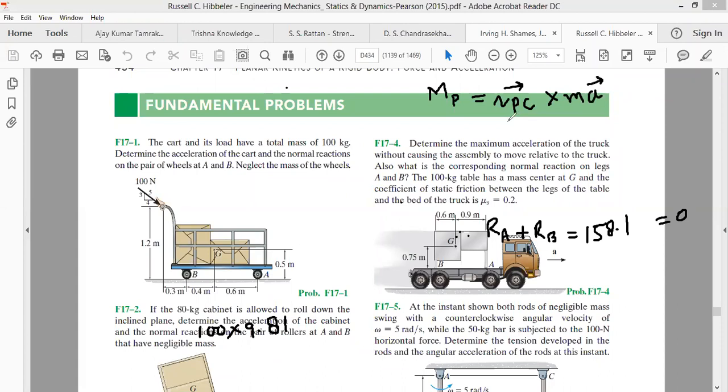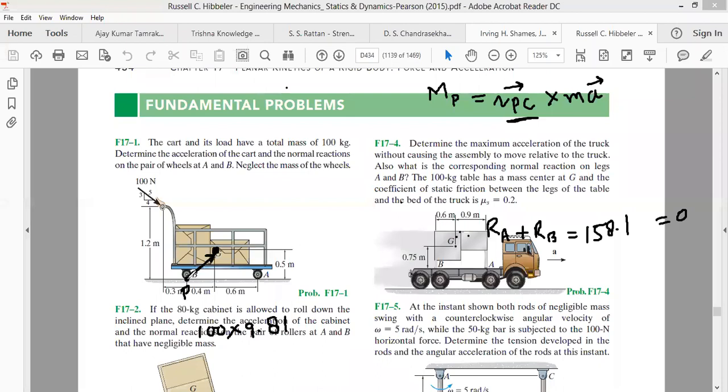If you look at this RPC, this is the point P. If you have to calculate all the moments about point P, then PC will be the vector drawn from this point to the center of gravity, which is given to us here as G. But if we don't take the moments about point P, and instead take the moments about the center of gravity, what happens to the radius vector drawn from P to the center of gravity?